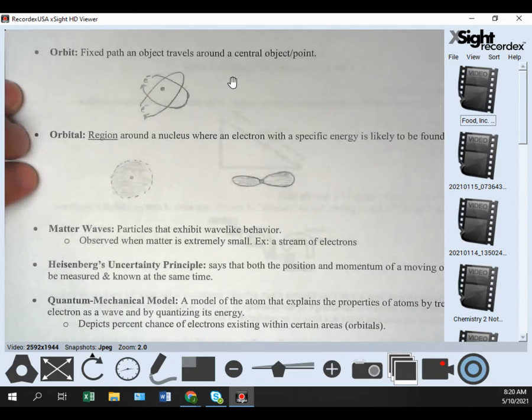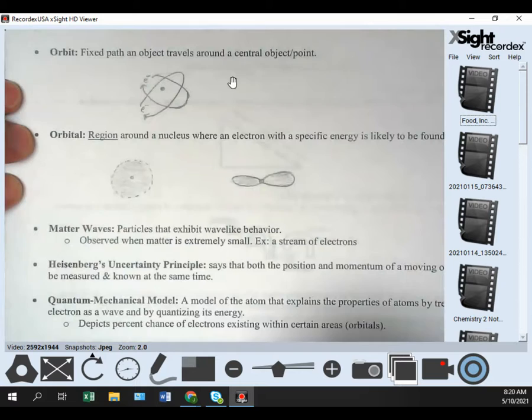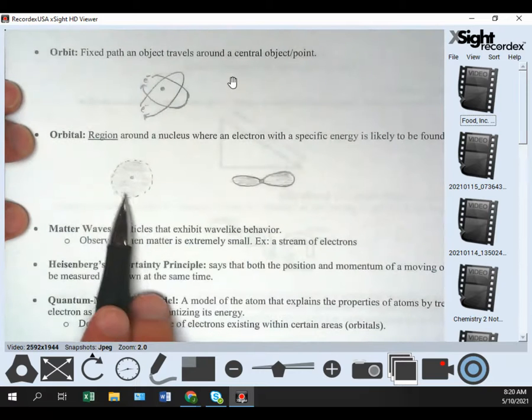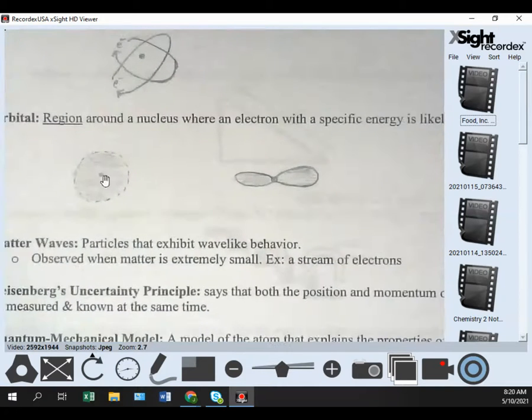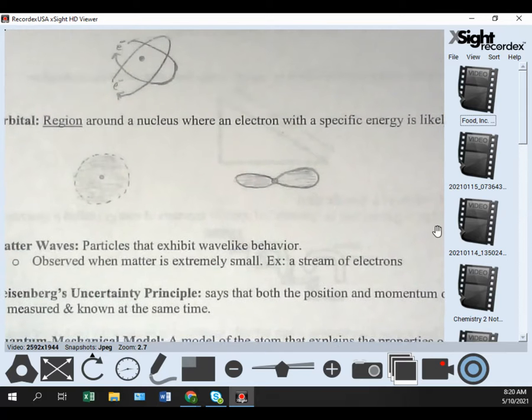But an orbital is like an area. For example, this graded area here would represent an orbital. If this is the nucleus here, this could represent an orbital, these areas here.